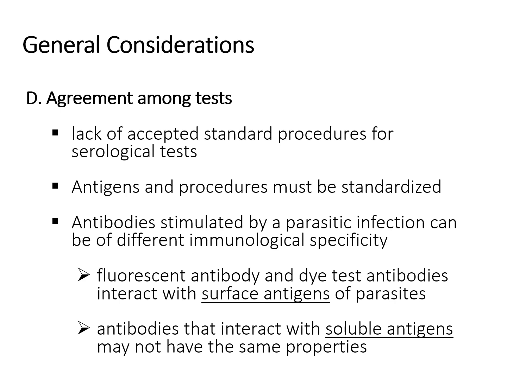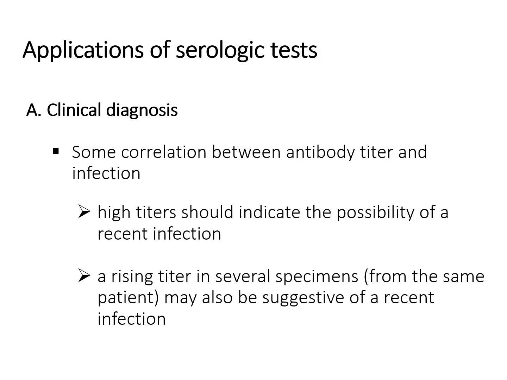So we need to really consider the differences among the tests and pick the correct one for any particular project or diagnostic use. Those are the four considerations that you should make before you select a serological test to be used either in a diagnostic setting or in research in the lab. So we have to consider those four major indications before we start using a test.